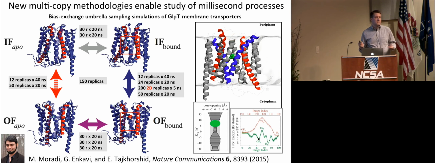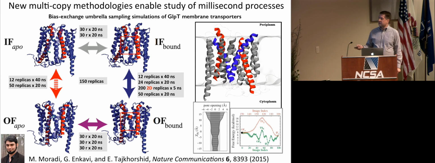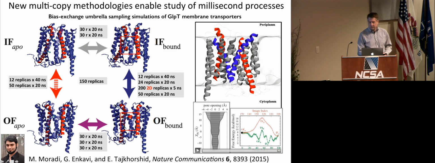By doing multiple coupled simulations of a small system, we can take simulations for maybe a few tens of nanoseconds, a few hundreds of nanoseconds, and obtain detailed energetic information and structural information on processes that run into the milliseconds.